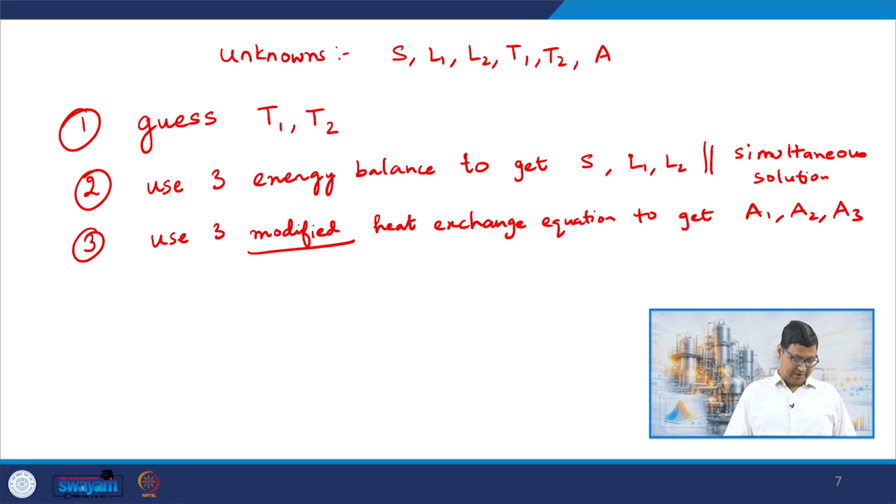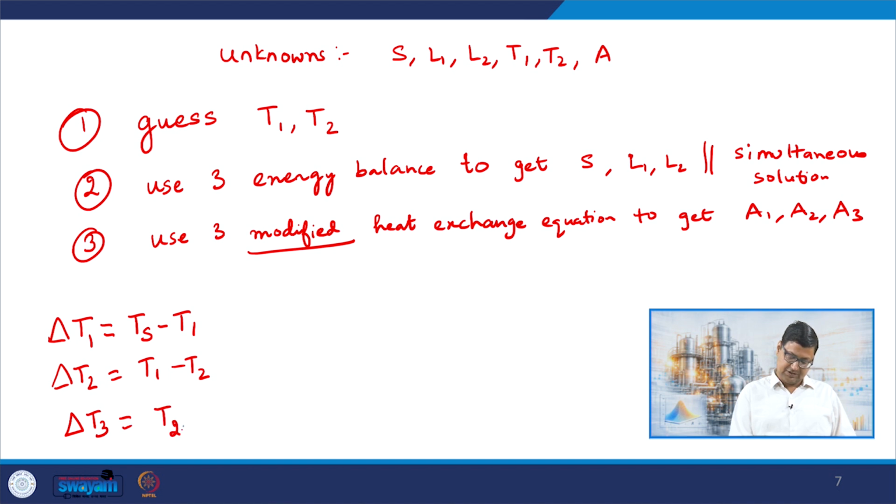So what I do here is I have already defined temperature drops. Delta T1 for the first effect is Ts minus T1. Delta T2 for the second one is T1 minus T2. And delta T3 for the third one is T2 minus T3.